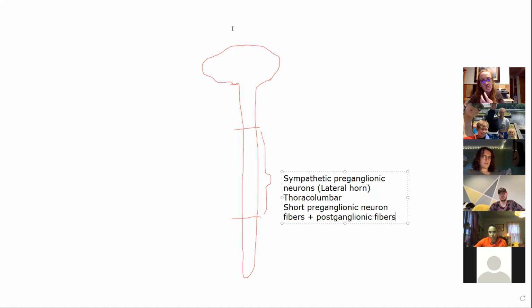In contrast, the parasympathetic is coming from the cervical and sacral regions.